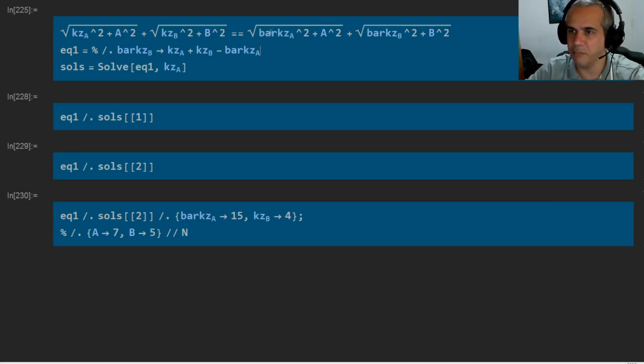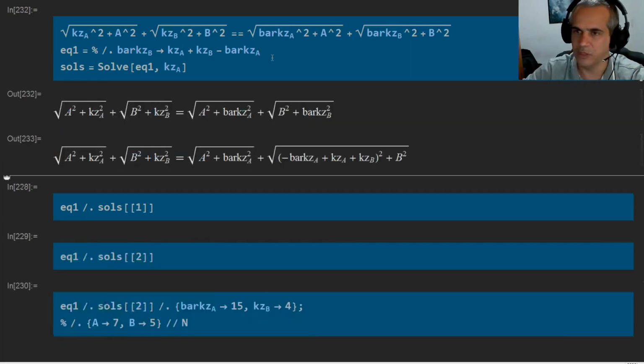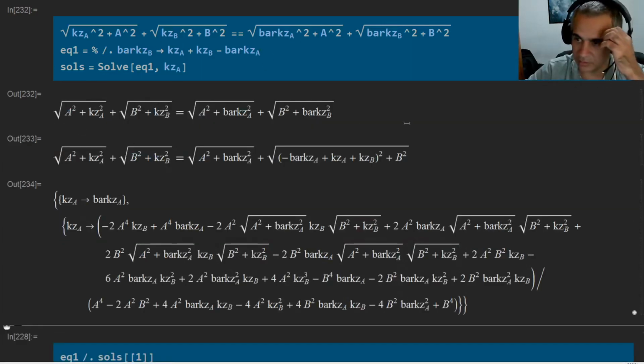This is KZA bar, right? I put bar KZA there, bar KZB, and A and B are those numbers that I had, right? And this is the substitution for bar KZB into that, right? So if I ask it to solve this equation, right, this is the equation we were trying to solve, and these are two solutions that it found.